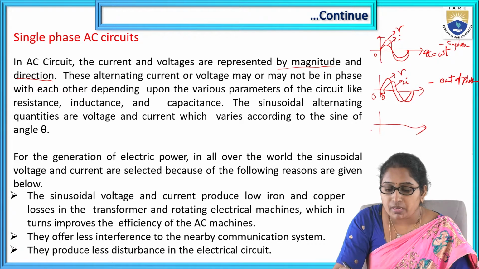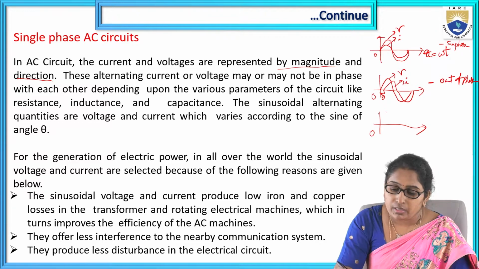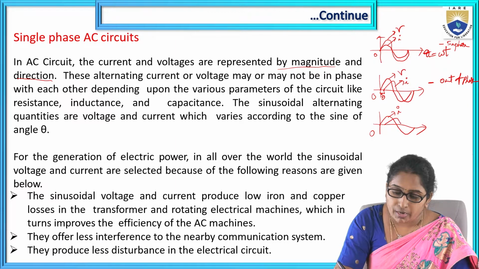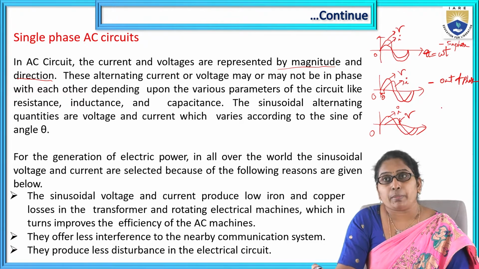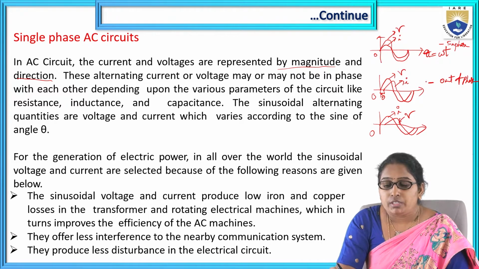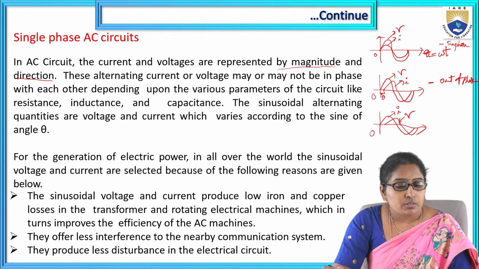Whereas in case of a capacitor, voltage lags, that means current is ahead but voltage is behind the current. So that is in case of capacitance. These two, the second one and third one, show out of phase, and the first one is in phase. That is the meaning of in phase and out of phase.